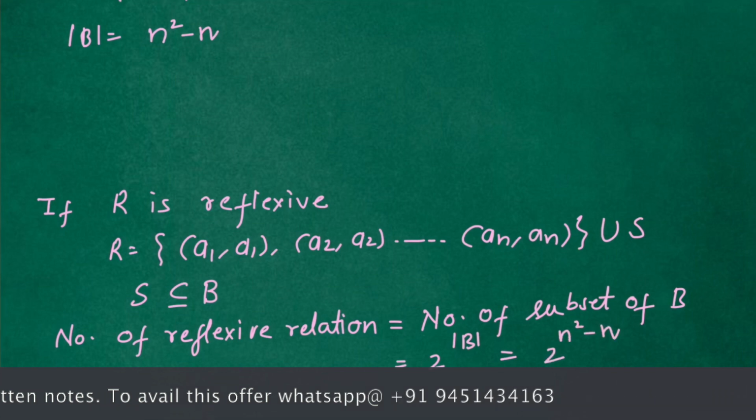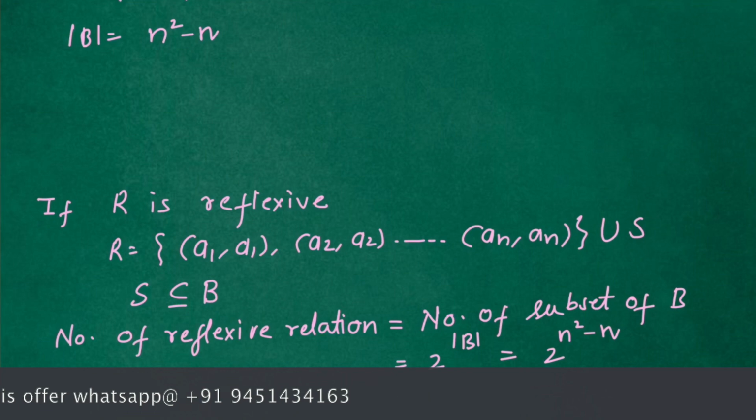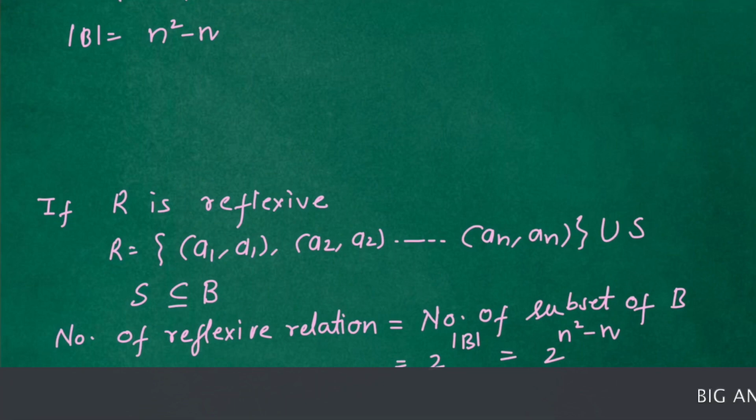So this is the formula for the number of reflexive relations defined on any set A of cardinality n. Let me write this formula.